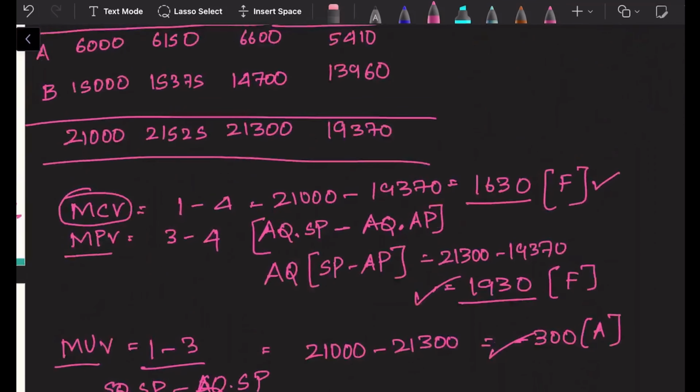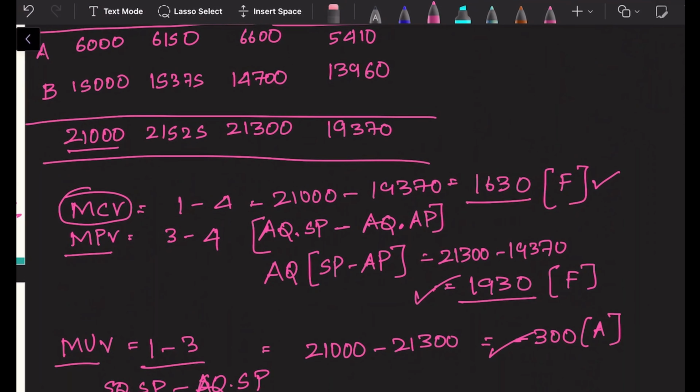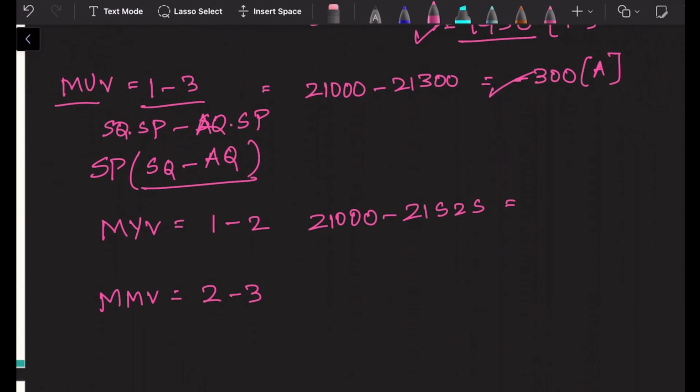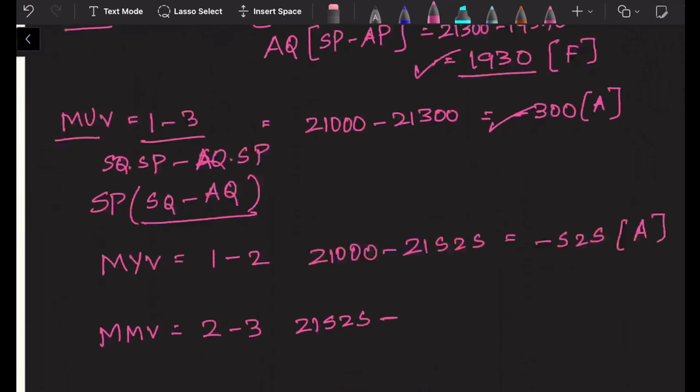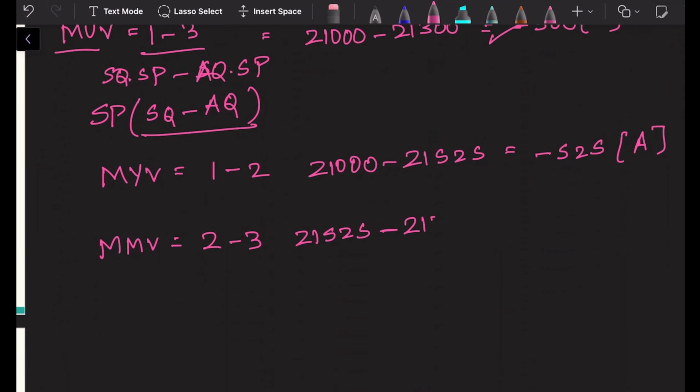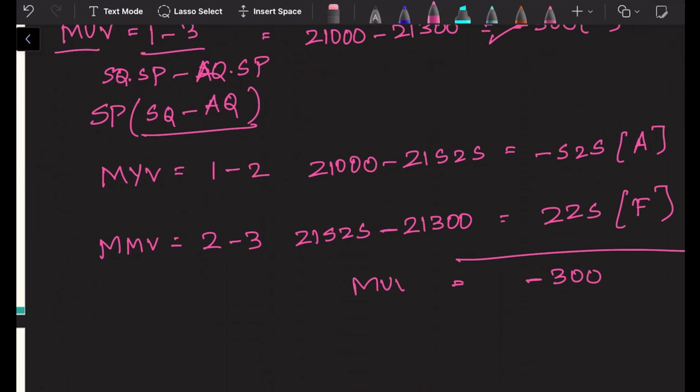So what is 1? 21,000 and 2 is 21,525 and this is a negative 525. So this is adverse. 2 minus 3 is 21,525 minus 21,300. This is equal to 225. So this is favorable. Again, when I add these two, I am getting minus 300, which should be equal to material usage variance.